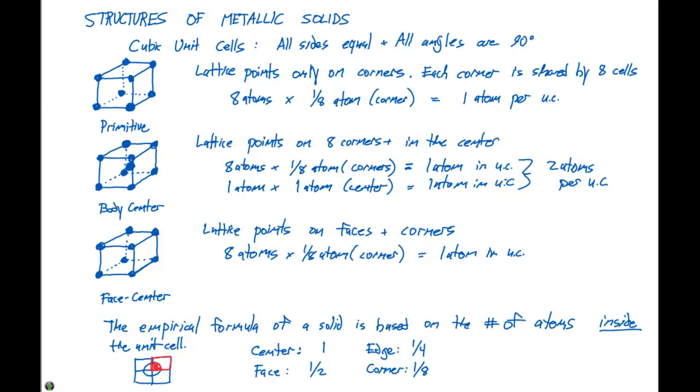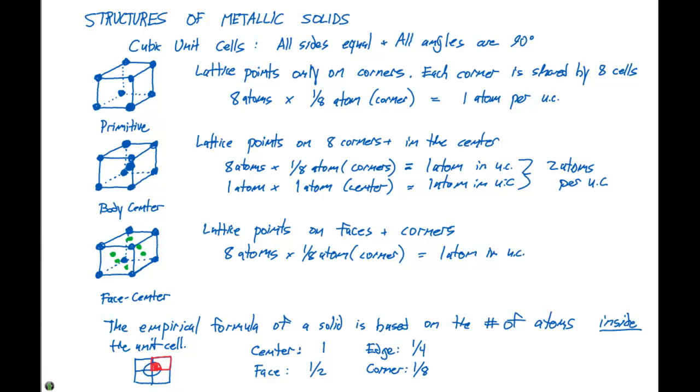Now we have to look at all of our atoms on the faces. And I'm going to use a different color here to represent each of these atoms. So on the faces, we have 1 atom on the top face and another atom on the bottom face. We have 1 atom over here on the left face, another atom on the right face, and then we have 1 atom on the front face and 1 atom on the back face.